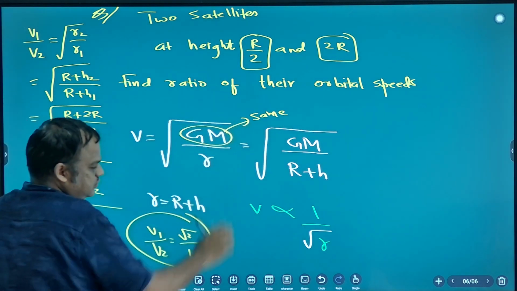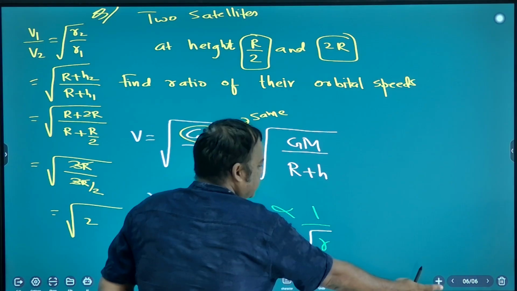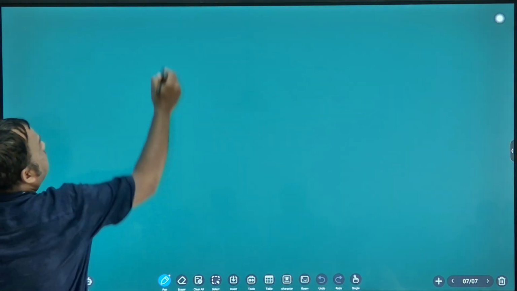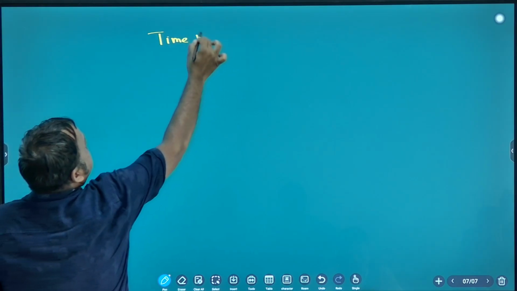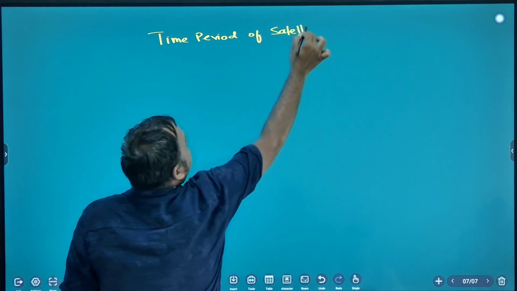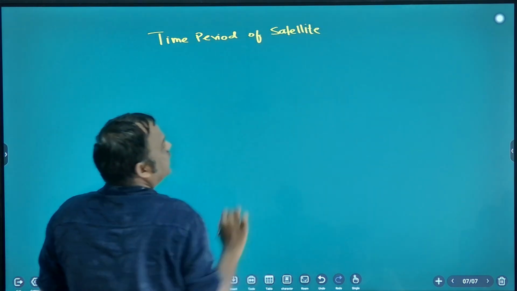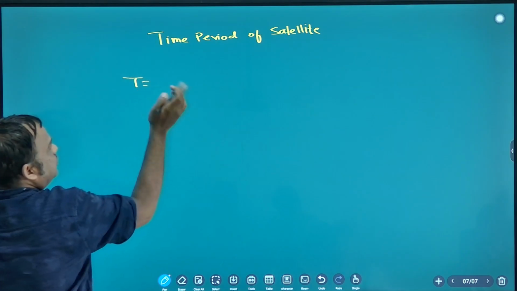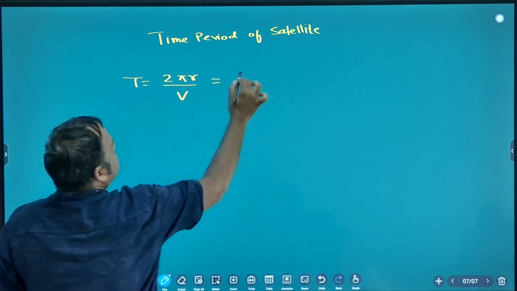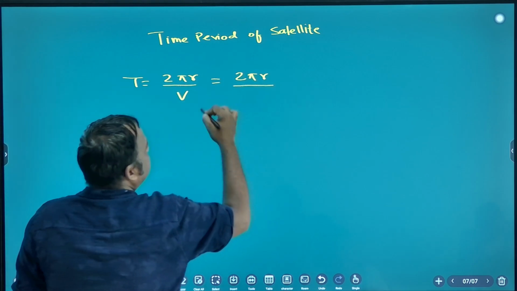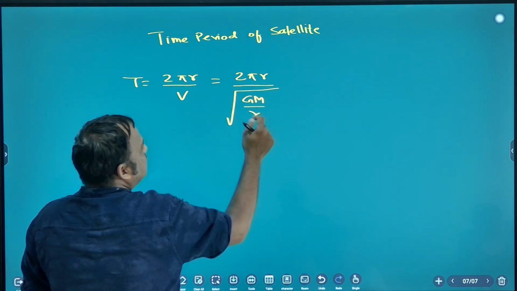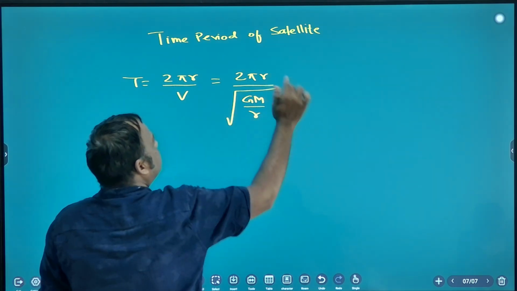Okay, fine. Now next you write down time period of satellite. So time period, you know the formula 2 pi r by v. Now substitute: V is square root GM by r. This r will go to the numerator.